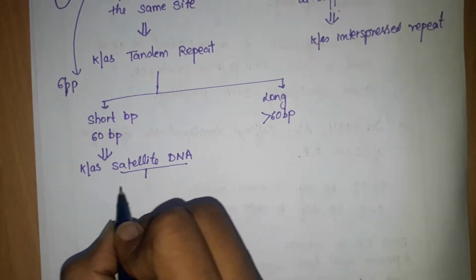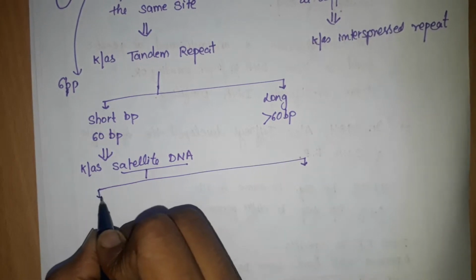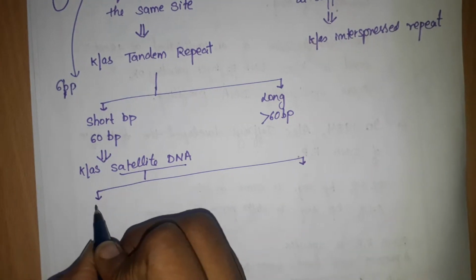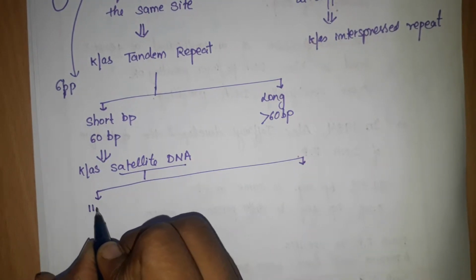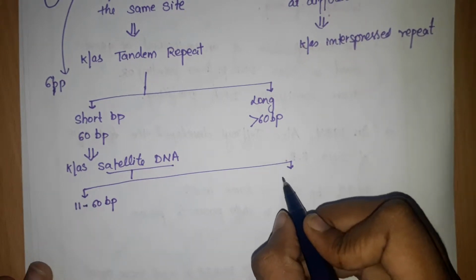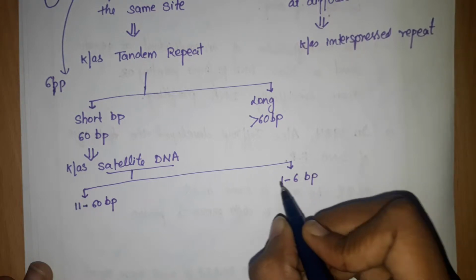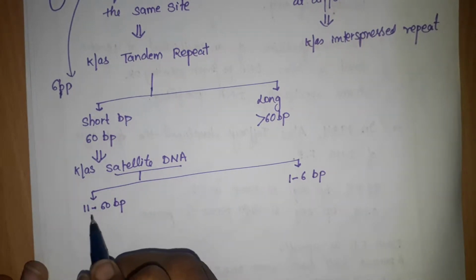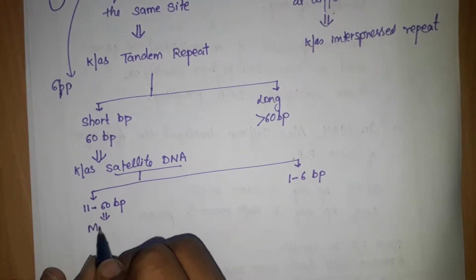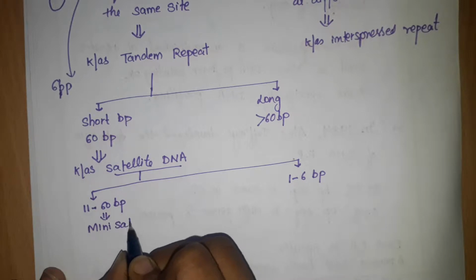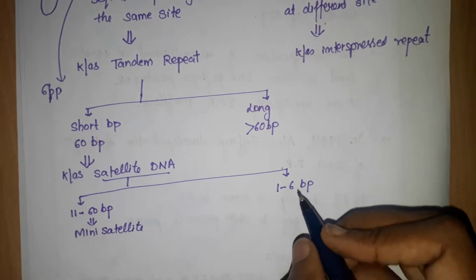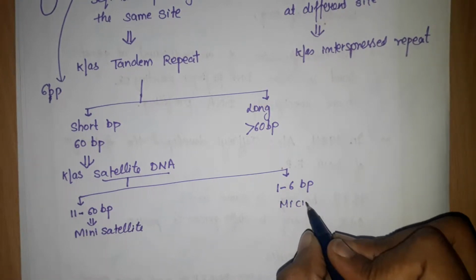Okay. Again, this satellite DNA is further divided into two types. In the first type, 11 to 60 base pairs are present. In the second type, 1 to 6 base pairs are present. The 11 to 60 base pairs type is known as minisatellite. And the second one, in which 1 to 6 base pairs are present, is known as microsatellite.